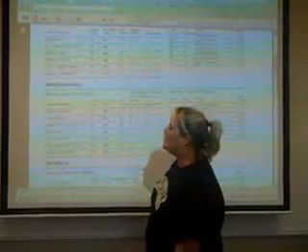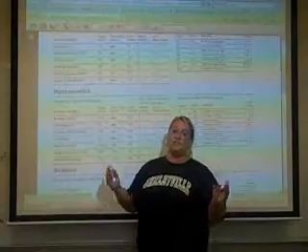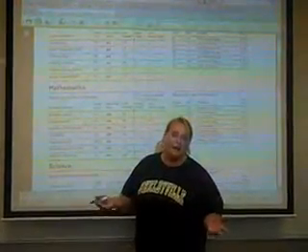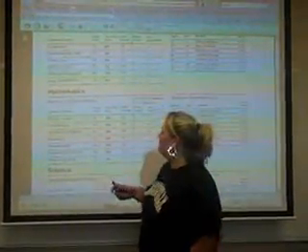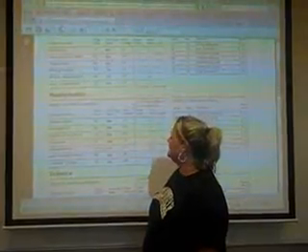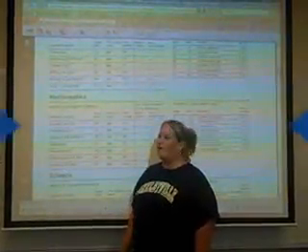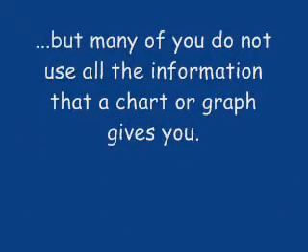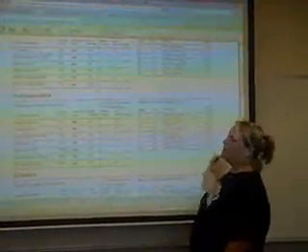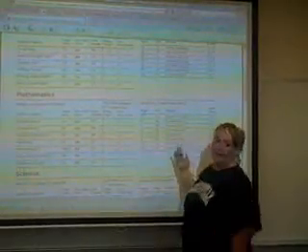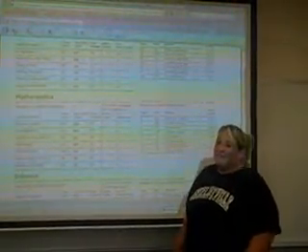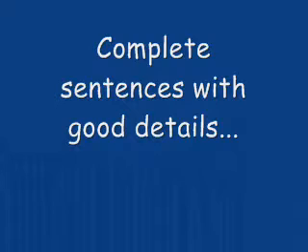Measurement covers so many items, not just using a ruler, but measuring time and temperature. We also have data analysis and problem solving. Can you read a chart or a graph? The open-ended items, how important it is to be able to write in a complete sentence, even if it says you don't have to.